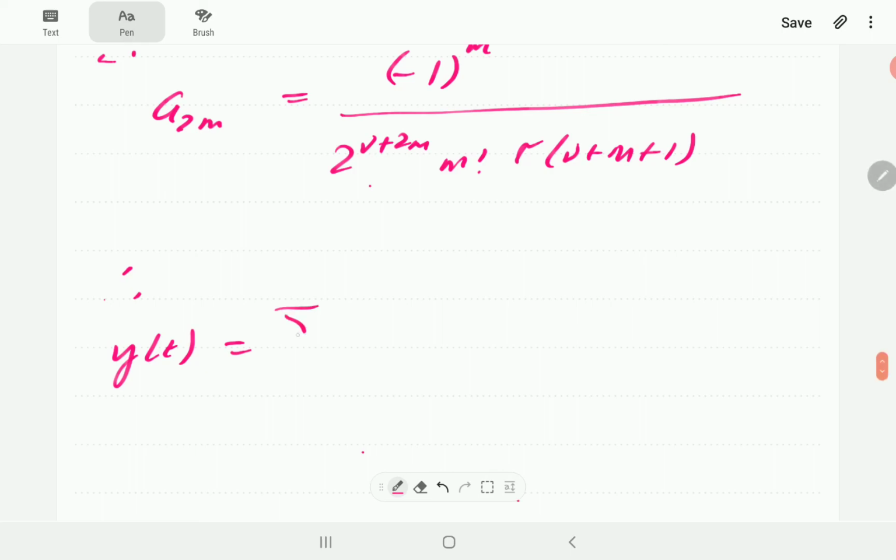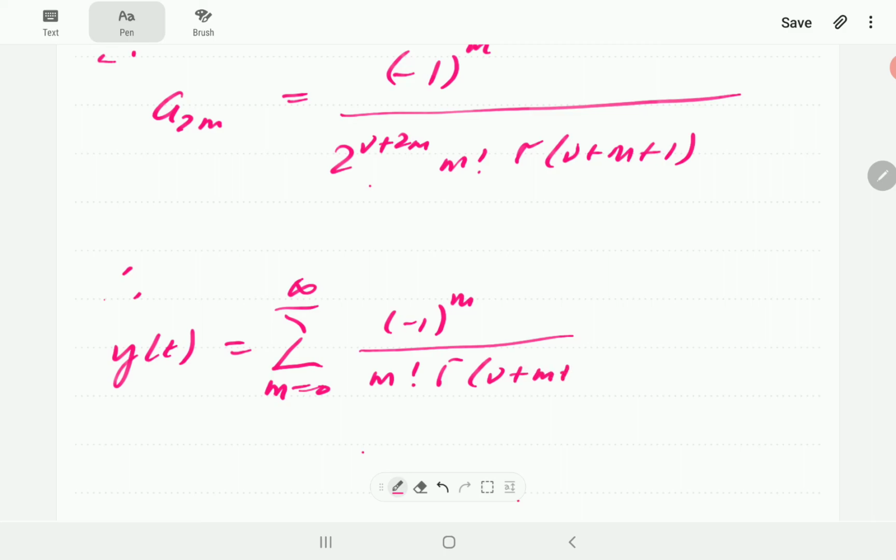This is going to be summation from m equal to 0 to infinity, negative 1 to the power m, all divided by m factorial times gamma of nu plus m plus 1, times t over 2 all to the power nu plus 2m.